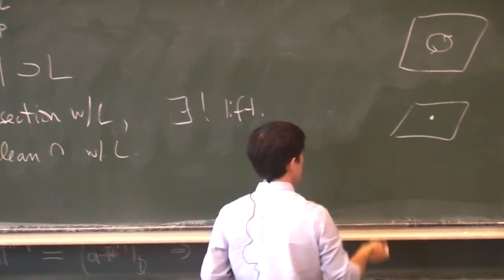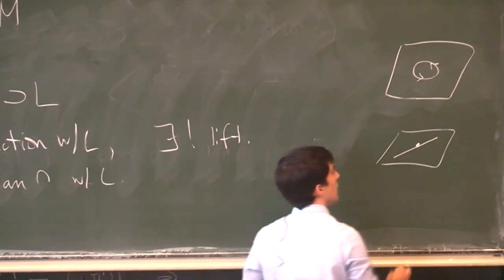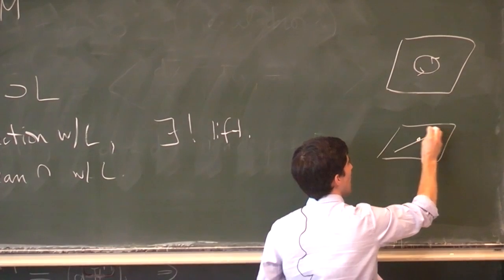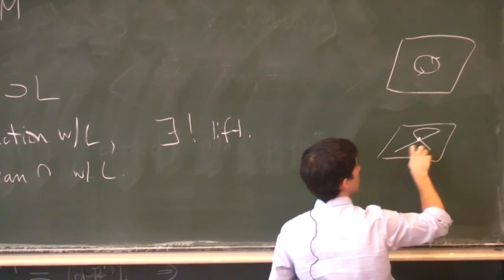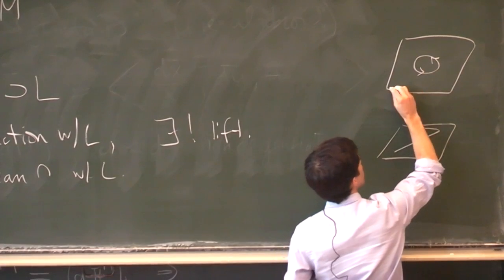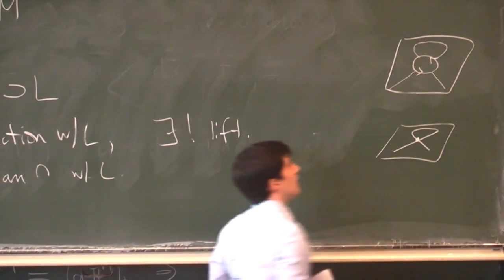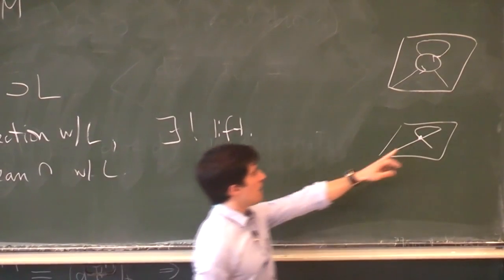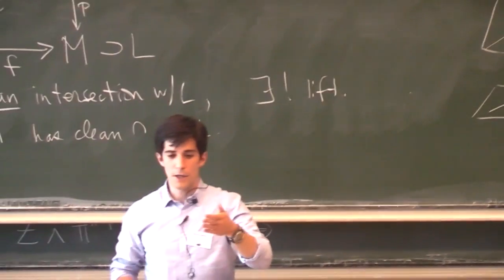For example, let me show you something that has clean intersection with L. If I just have a line, or maybe a path like this, then it'll become something like that. So this is an example of something that has clean intersection with L. Now, it's not transverse, of course.